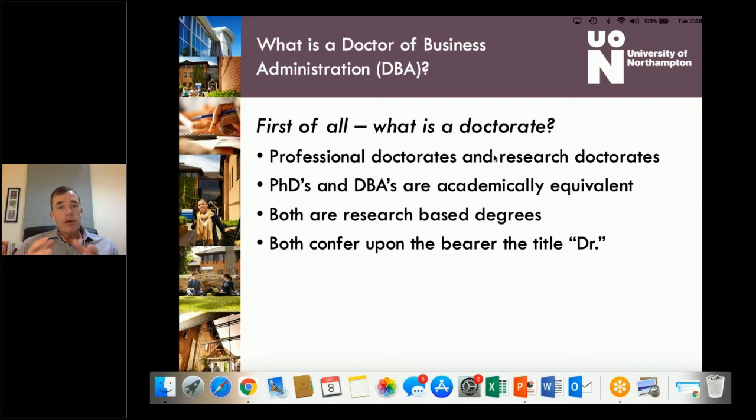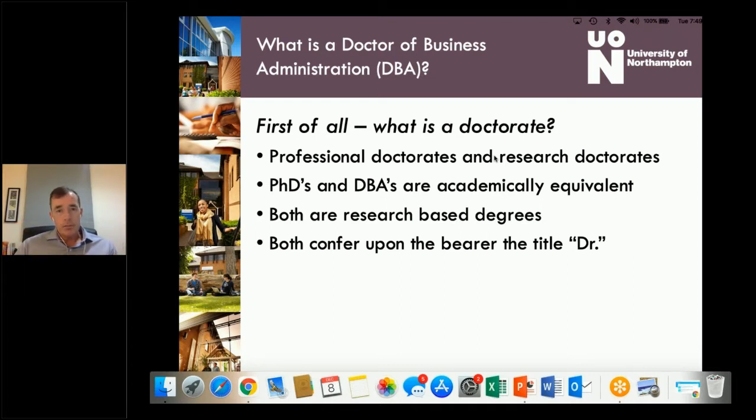They're not primarily involved in research, they're primarily involved within a profession. And then we have these professional doctorates for people involved in engineering, in pharmacy, in education, and almost all the different types of professions. And the professional doctorate for business and management people is, of course, the DBA, the Doctorate of Business Administration.